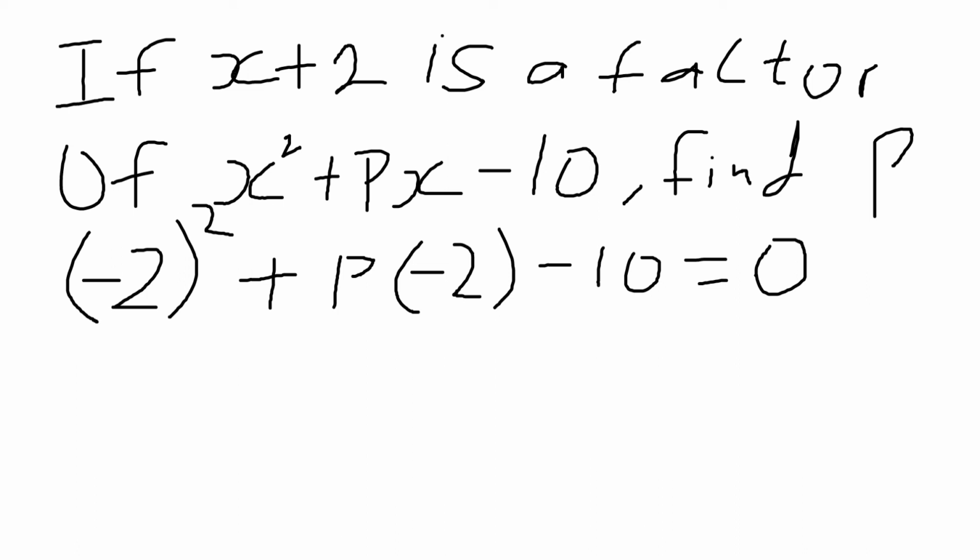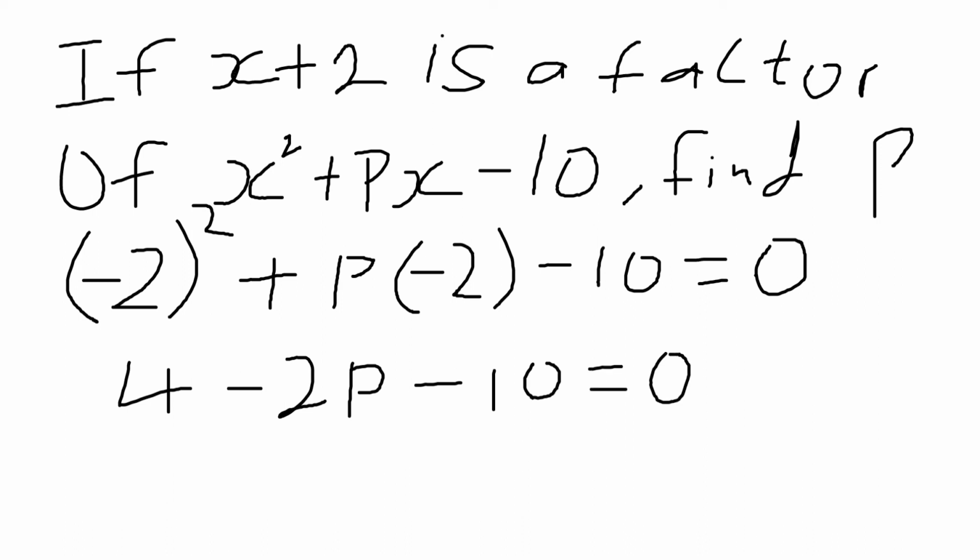Now, the square of negative 2 is 4, plus, no, this will be minus now, because negative 2 multiplied by p will be negative 2p. So minus 2p minus 10, and this will be equal to 0.